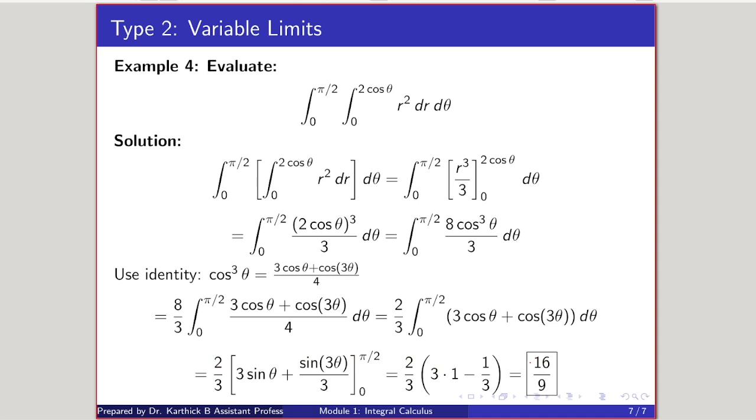While substituting it, sine 90 becomes 1, sine 0 will be 0. If you go for sine 3 theta, sine 3 pi by 2 will be minus 1, and sine 0 becomes 0. So it will be 3 into 1 and minus 1 by 3. So finally we get 16 by 9.